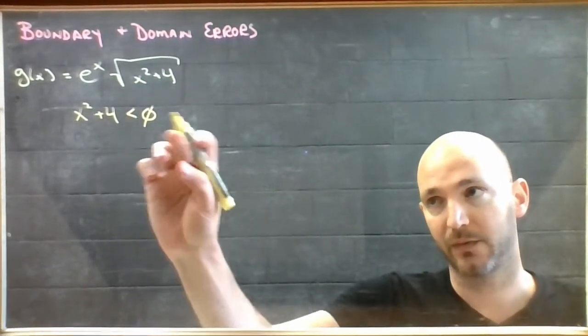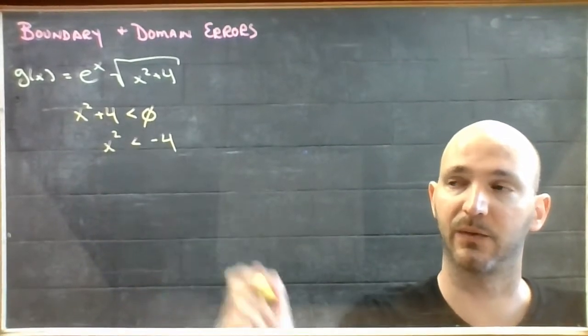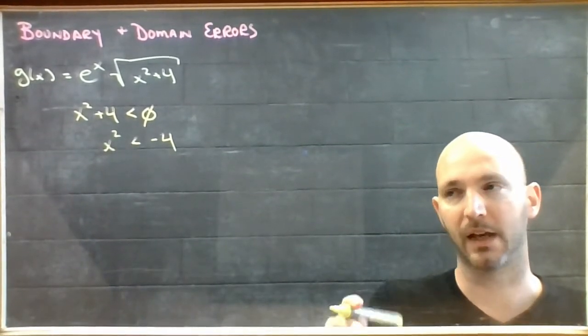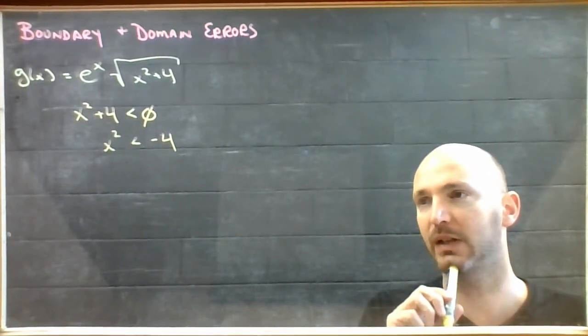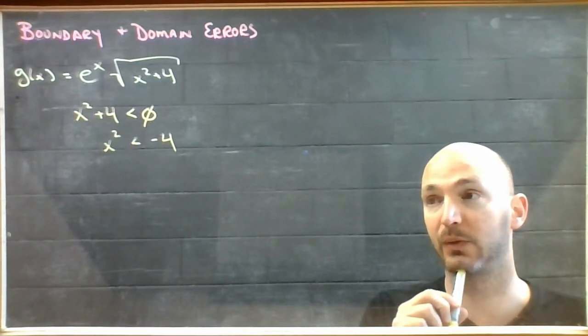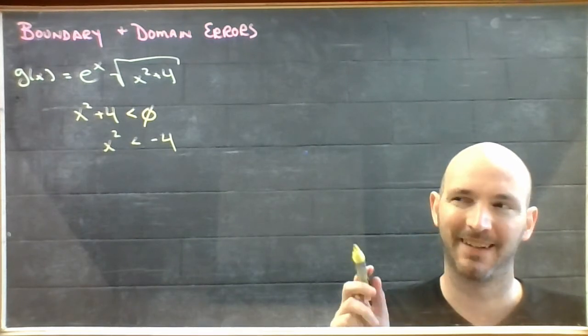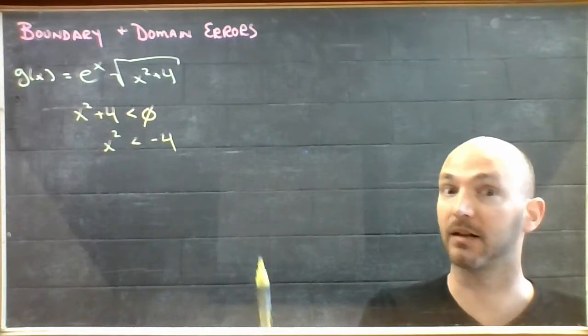So if I kick the 4 over here, I end up with x squared is less than negative 4. And now you've got to ask yourself another logical question. Can you get a number being less than negative 4 if you square it? Well, the trouble with that is no number squared is negative.